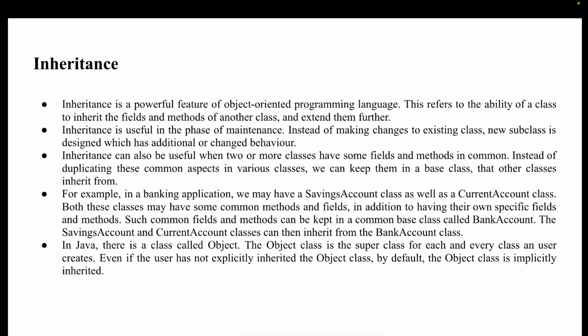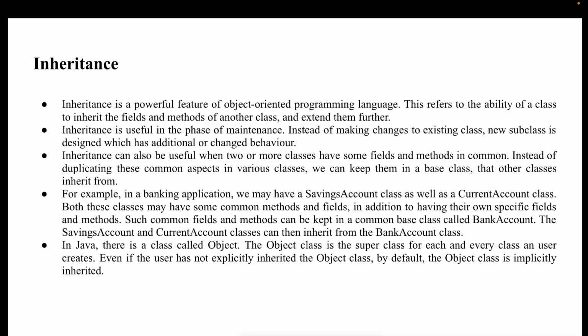So this is the basic advantage of inheritance. Inheritance is used for code reusability, you don't have to write the same code again and again, and you can also override and customize the methods of the parent class depending upon your requirement.